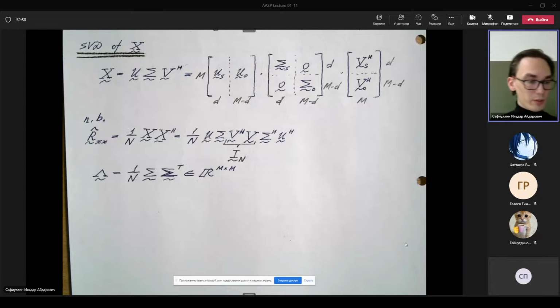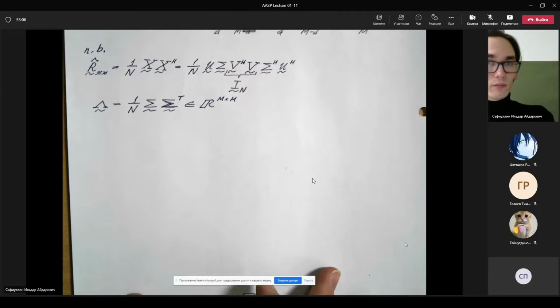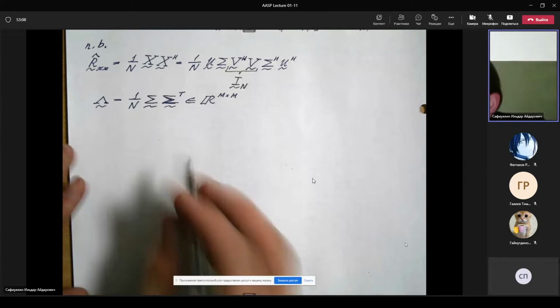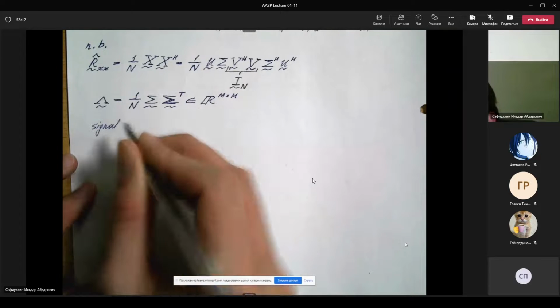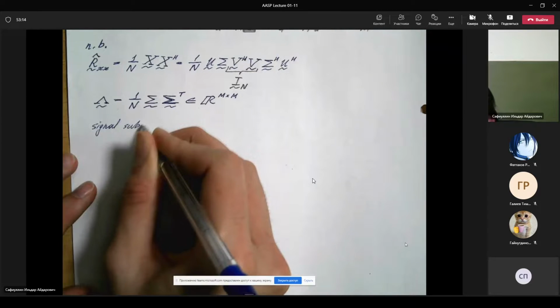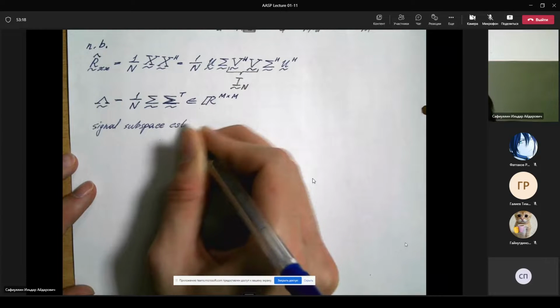So for this part, subspace estimation, we started with estimate of a spatial correlation matrix, and now we'll continue with signal subspace estimation and noise subspace estimation. So signal subspace estimation.